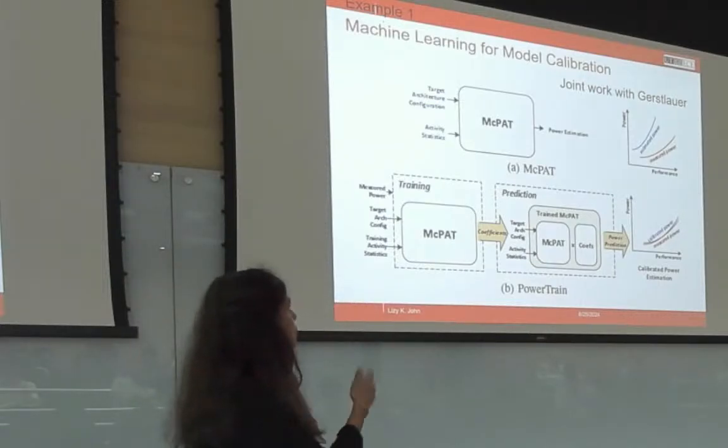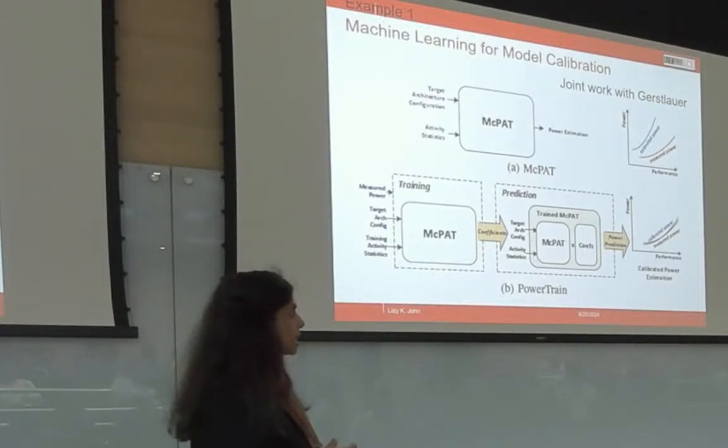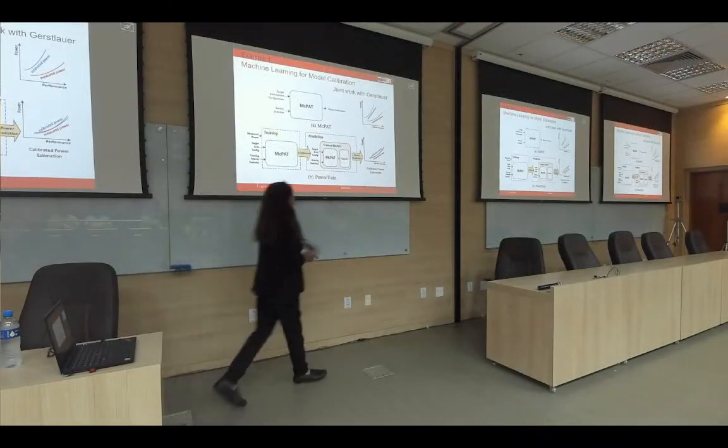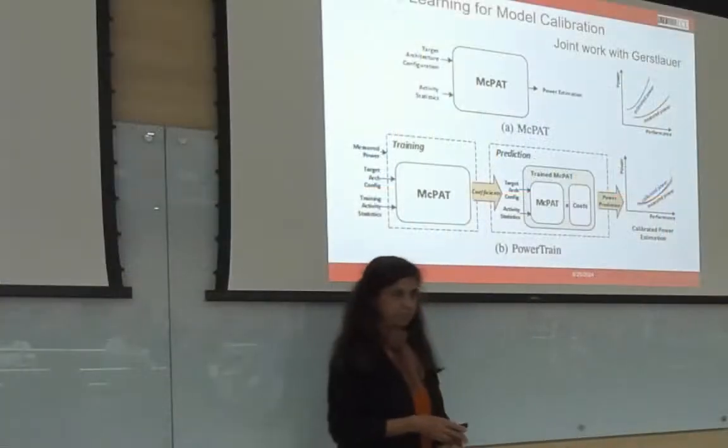So during training, you derive the corrections for the weights and then use those new weights, so that the calibrated power and the measured power are the same. That's the idea.